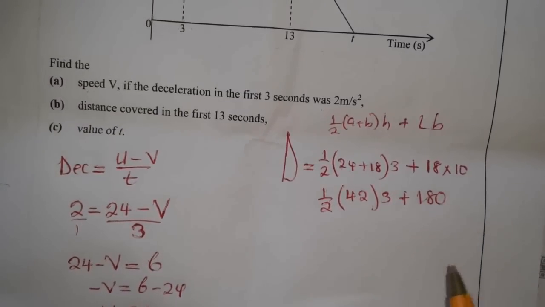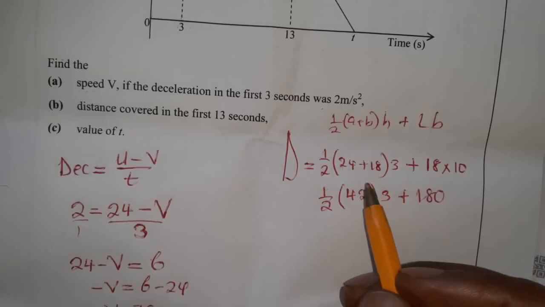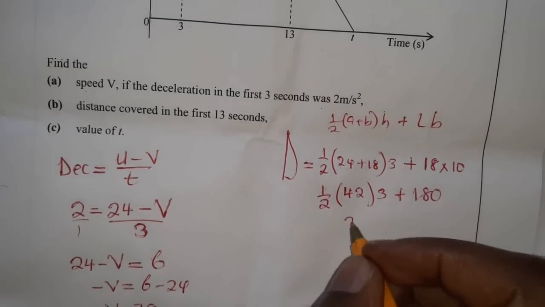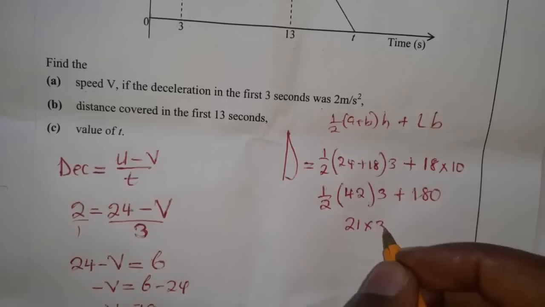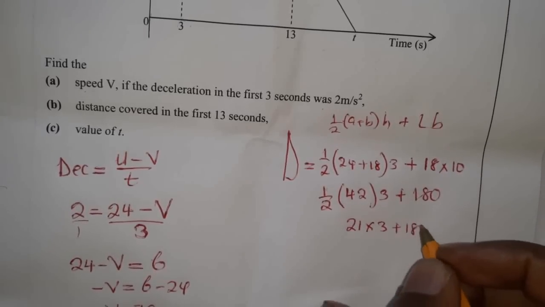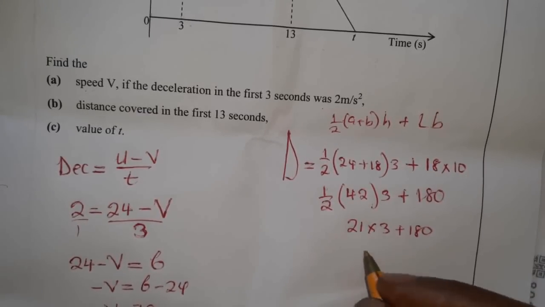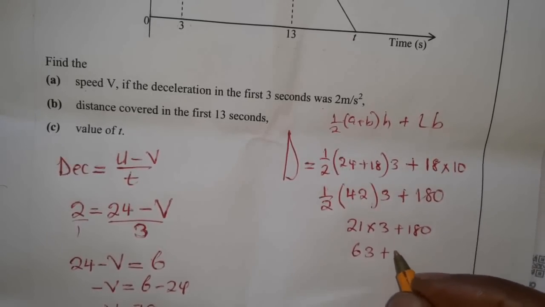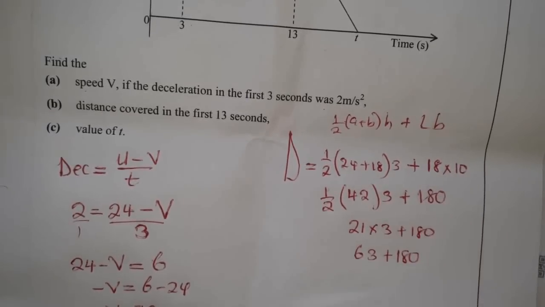So when we divide this, it is going to be 21 multiplied by 3 plus 180. You're going to get 63 plus 180.